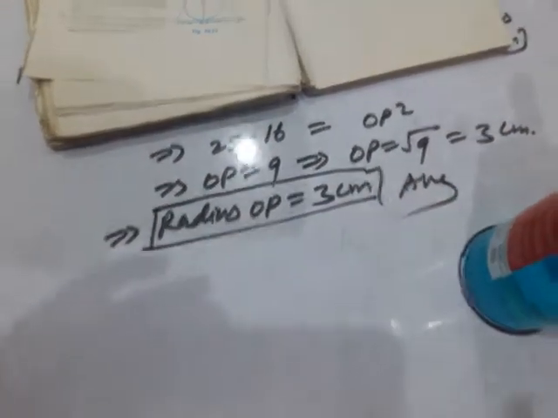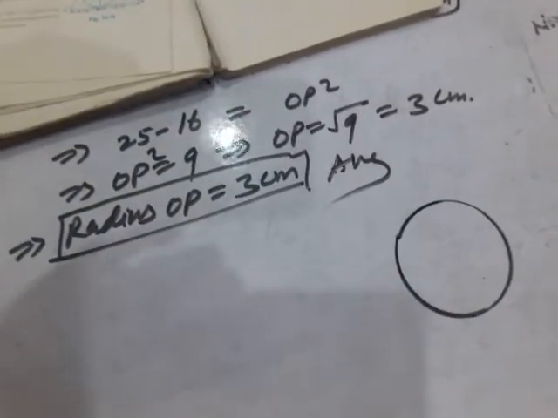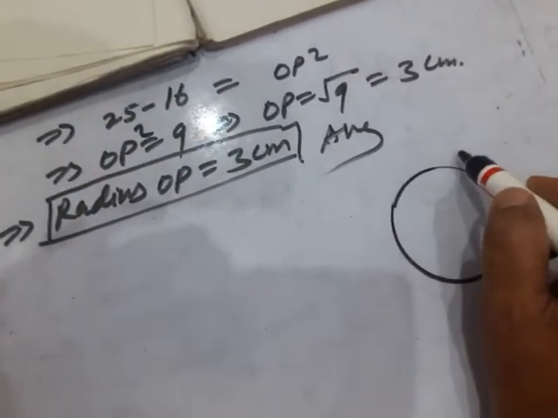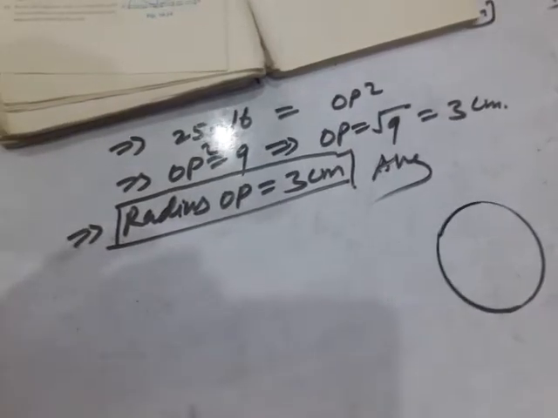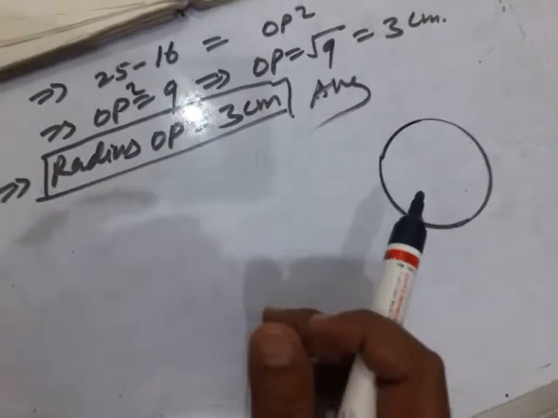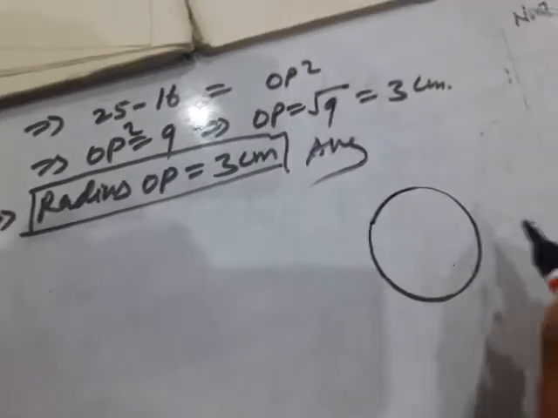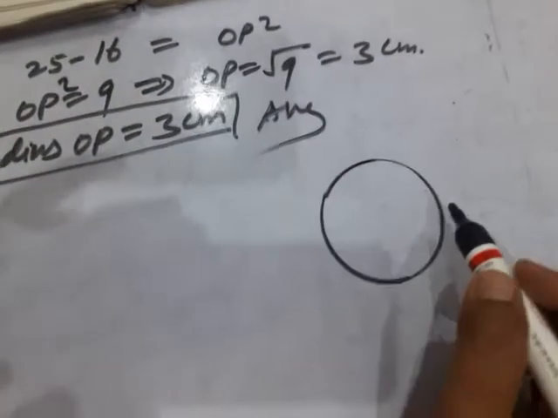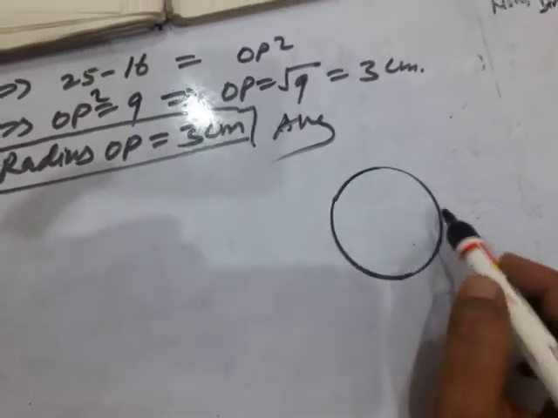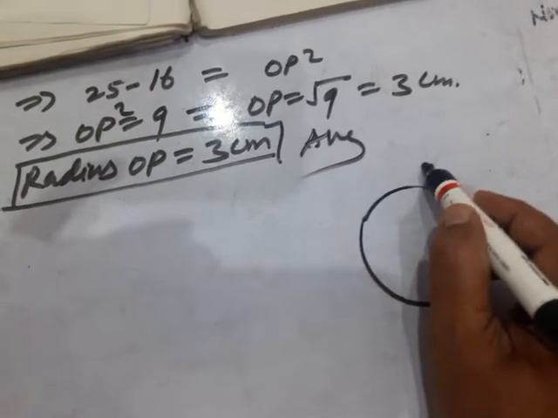This is a circle. And we have to draw another circle, that is, two concentric circles of radii 5 centimeter and 3 centimeter. Let it be a circle with radius 3 centimeter, and draw another bigger circle.